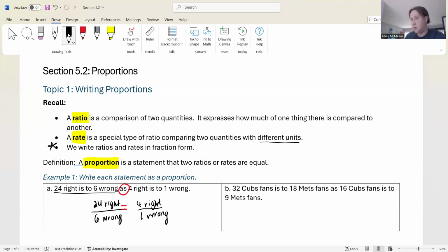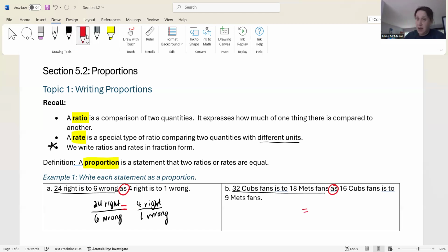Okay. And we can do things with these proportions, which we'll learn about later in this worksheet. Okay. Now for part B, we have 32 Cubs fans is to 18 Mets fans as 16 Cubs fans is to 9 Mets fans. So everything before the word as is going to be our first rate.